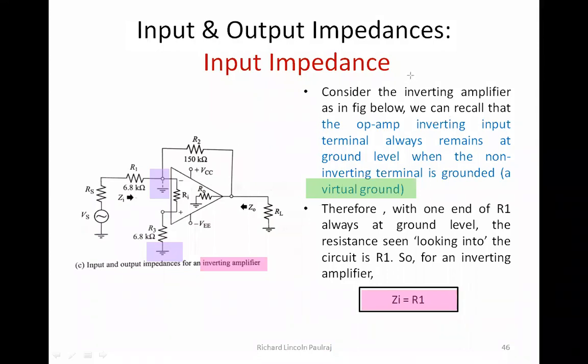Yes, sir. Okay, so two formulas: one for the inverting configuration, which we'll be using this.